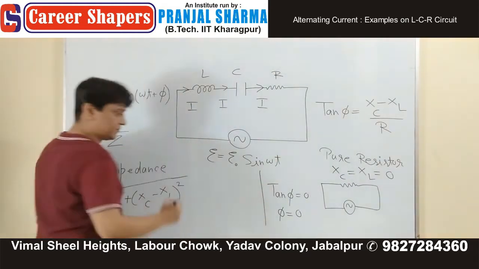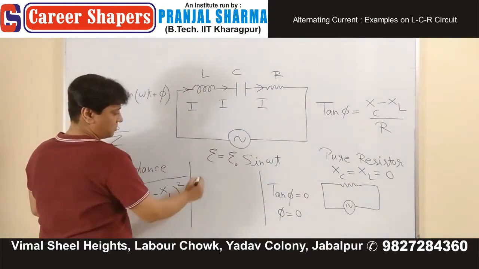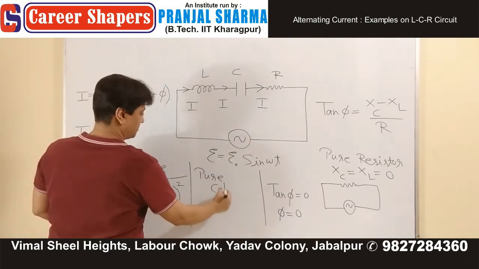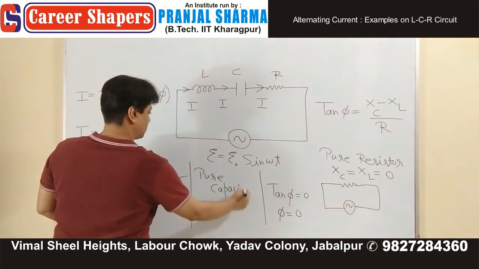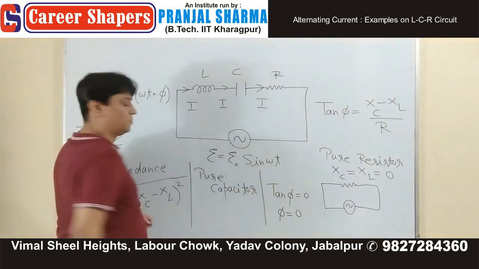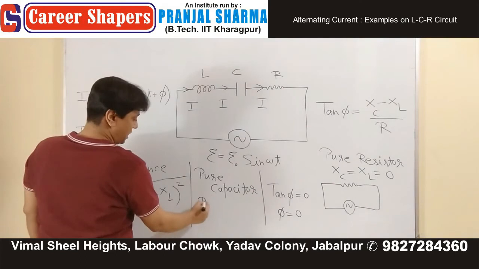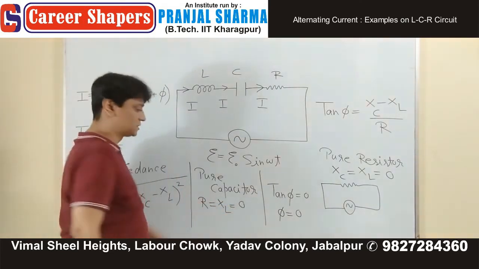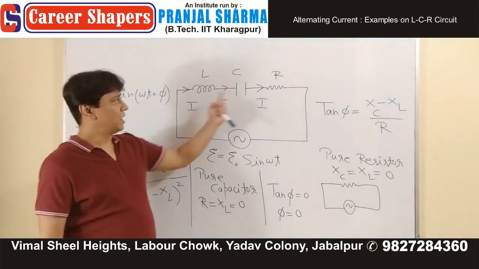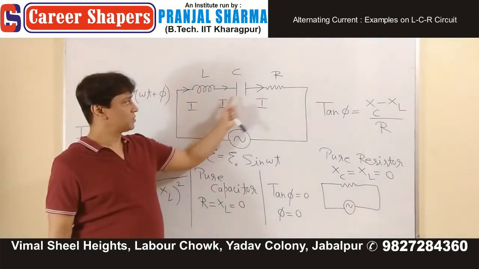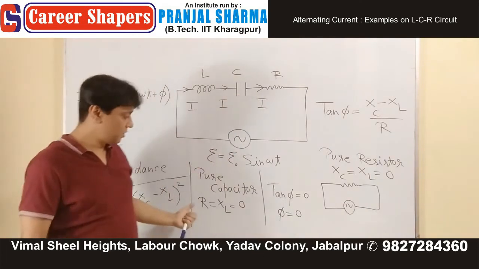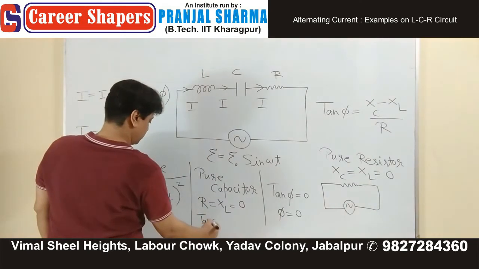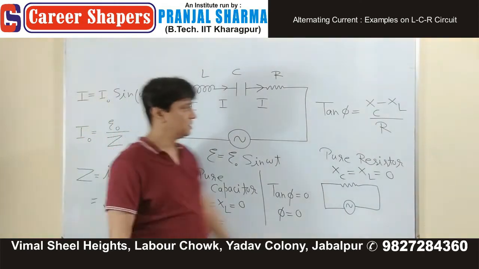Similarly, if somebody goes for pure capacitor, R, XL, these values are 0. R is not present, L is not present, only C is there, that is called pure capacitor. In this case, your tan phi becomes what?